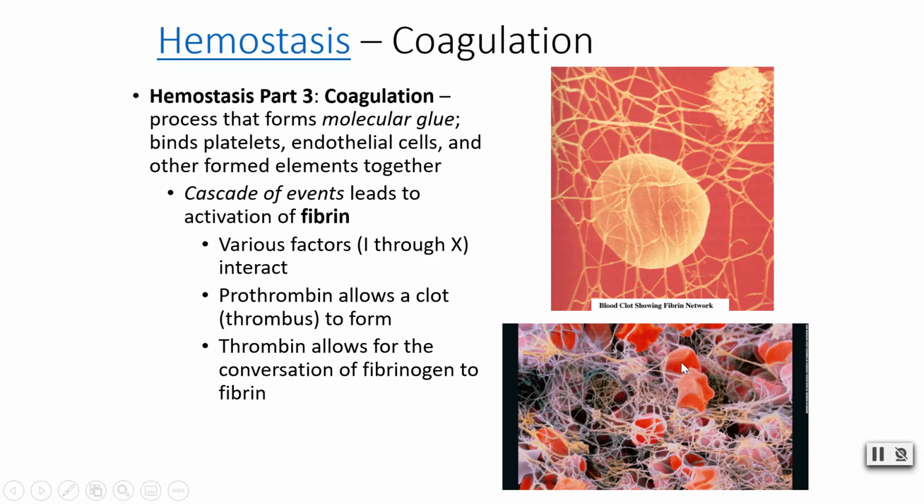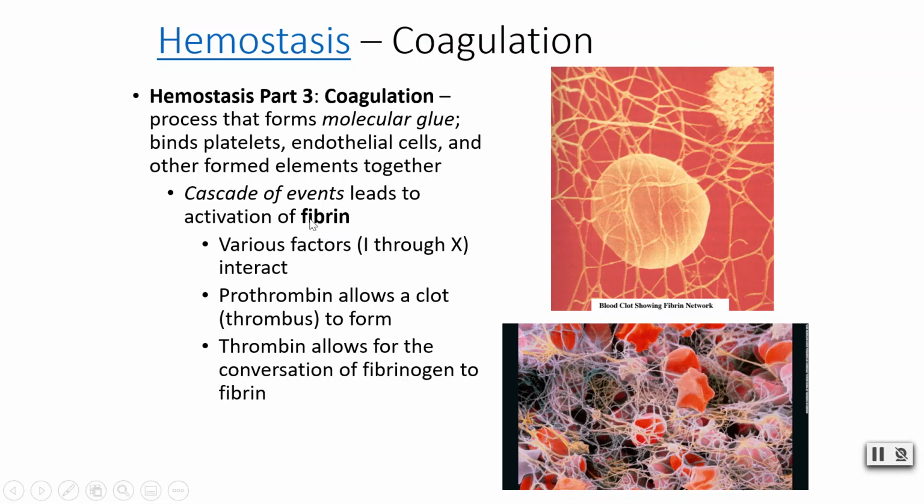These are really microscopic examples of what this looks like. So this is coagulation by itself. It is a quote-unquote cascade of events. What does that mean? That means there are a lot of steps and there are various factors, 1 through 10. There are a lot of different parts to coagulation, but we're going to keep it simple. You're welcome. You need to know fibrin.